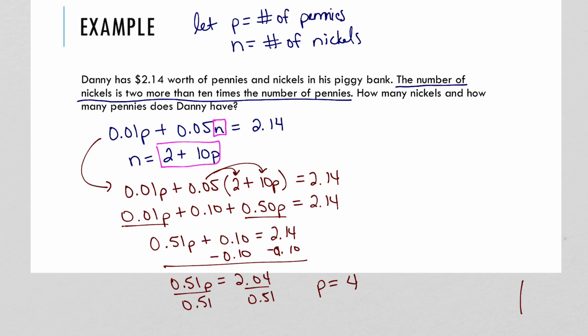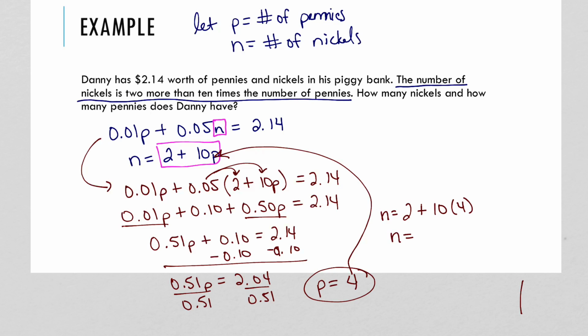That means Danny has 4 pennies. So if I want to know how many nickels, I'm going to take this 4 and put it in for P right there. So I've got 2 plus, so the number of nickels is 2 plus 10 times 4. Alright, so this means that Danny has 42 nickels and 4 pennies.